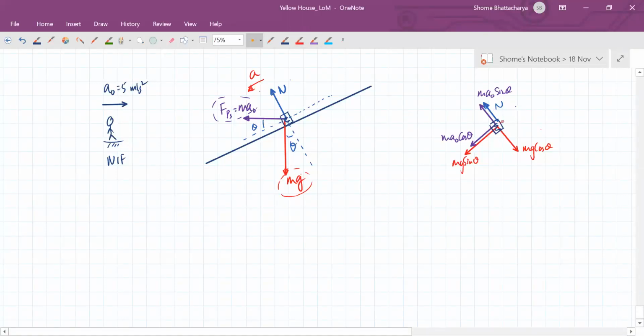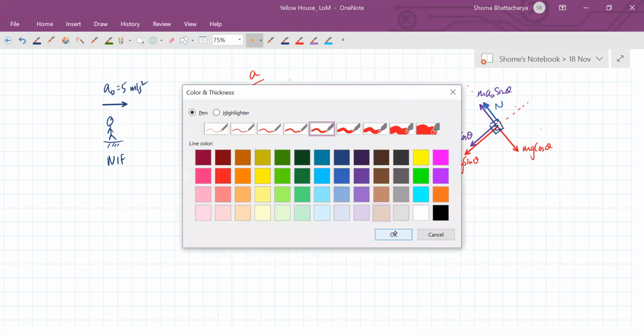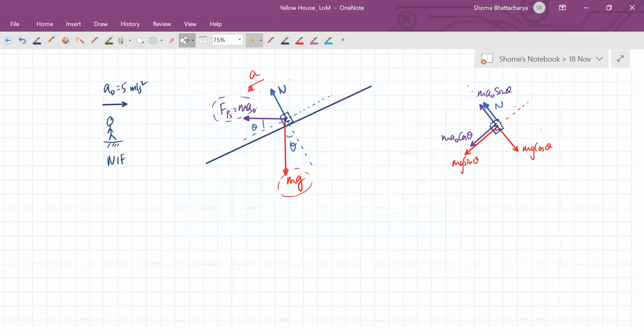And in this frame now, the body has an acceleration down the inclined plane of E. So we take this as the x-axis, this as the y-axis.